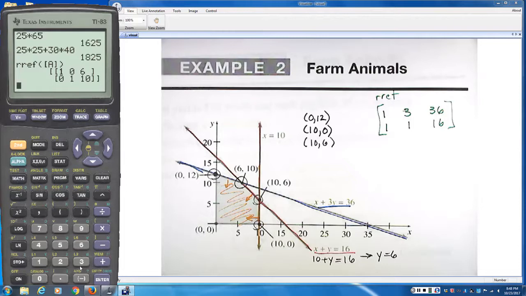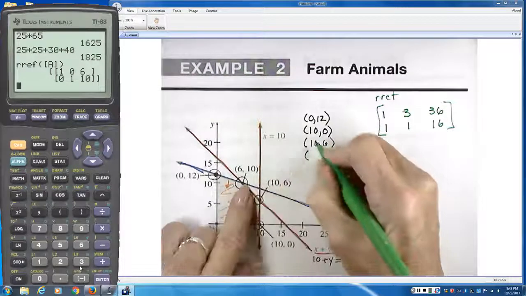And that gives us that corner point is 6, 10.